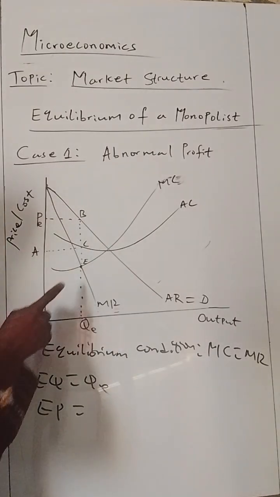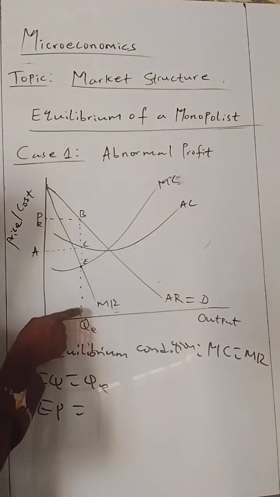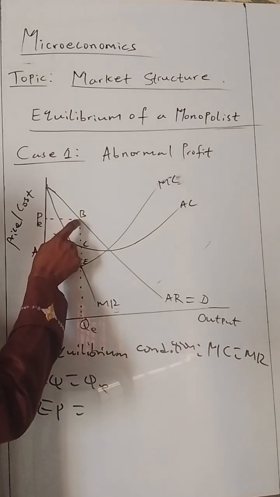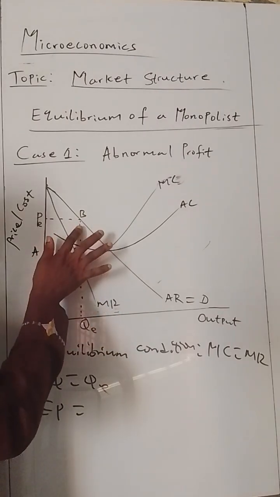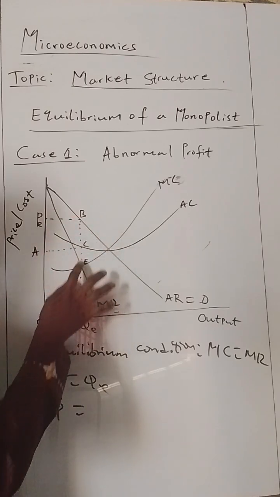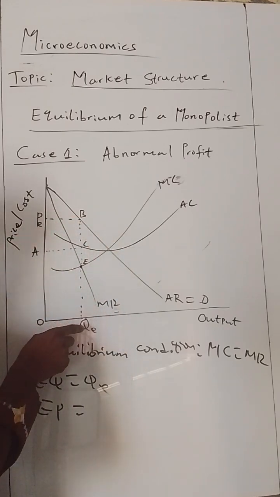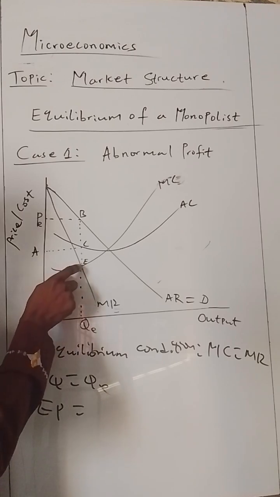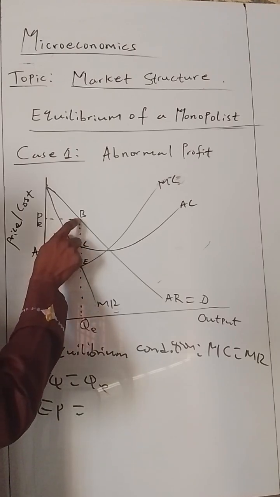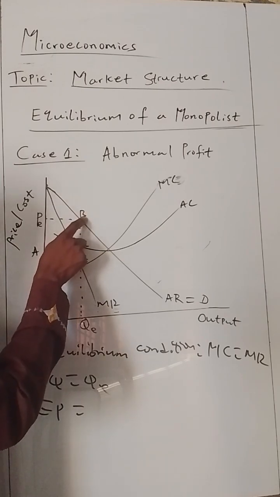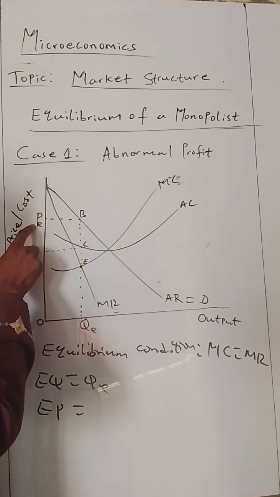So we have to trace the same line up until we get to the demand curve. Once the dotted line touches the demand curve, that is the AR curve at point B, then you trace it back to the price axis here.